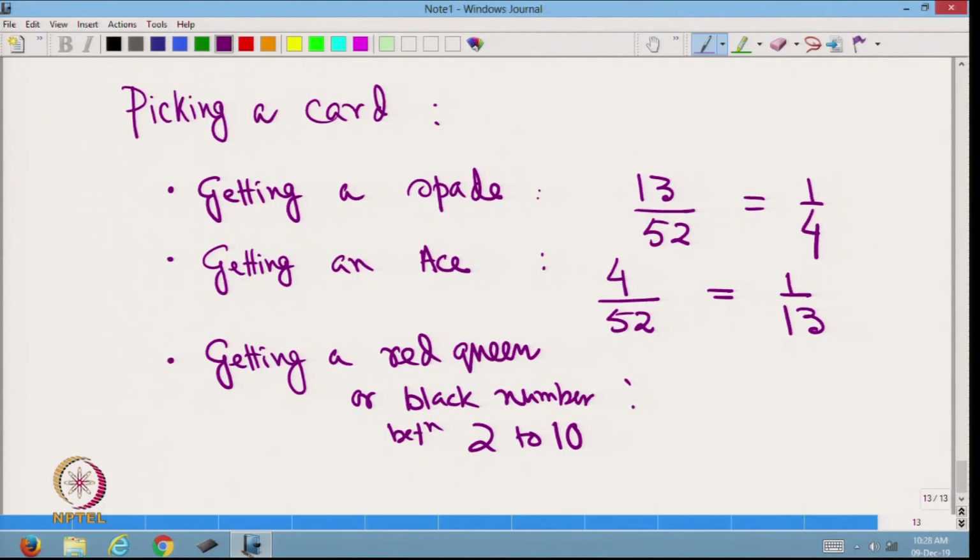Now, we know that there are 2 queens of red color, queen of hearts and queen of diamonds, and from 2 to 10 there are 9 numbers, and each can be black if it is coming from the clubs or from the spades.